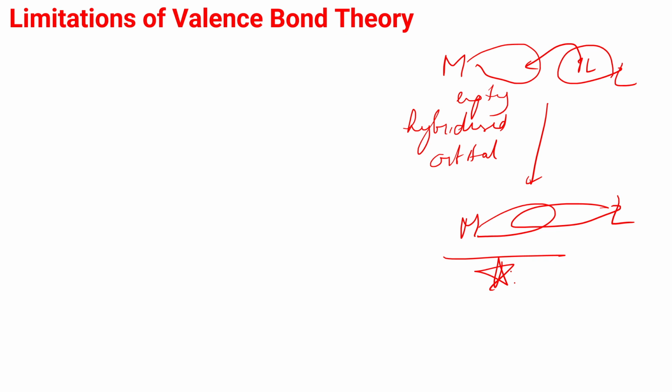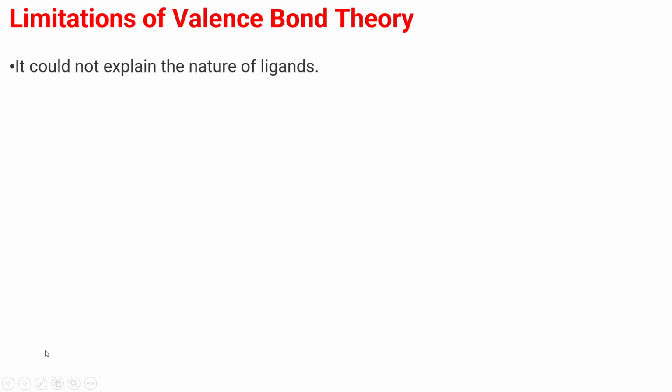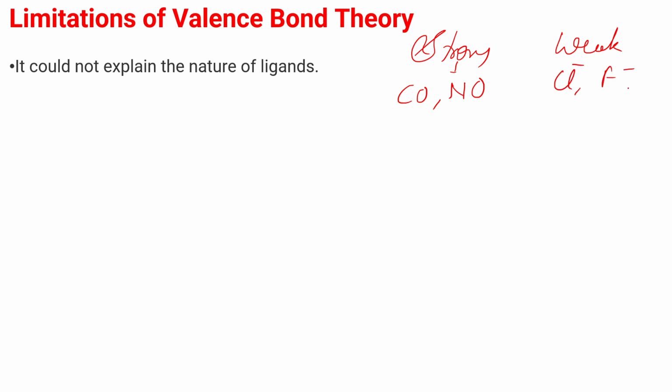So you understood all these factors, but there are certain limitations with this valence bond theory. It could not explain the nature of ligands. They just simply said that some ligands are strong and will cause pairing, like carbonyl, NO, etc., and some are weak, like chloride, fluoride, halogens, basically water.